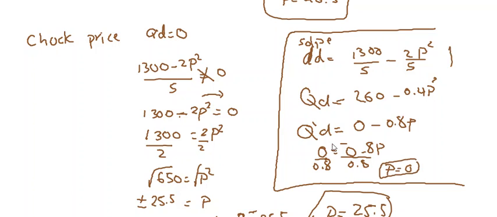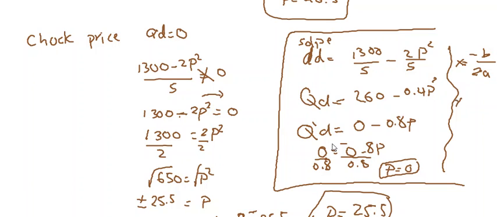And the other way, you can say that x equals minus b over 2a. Then substitute b by the coefficient in this equation, that b is equal to 0.